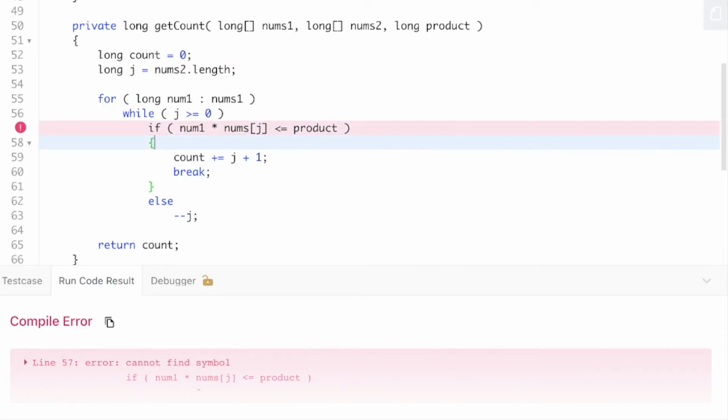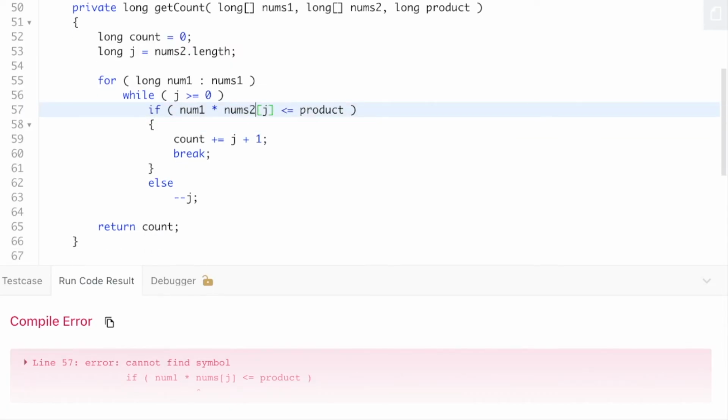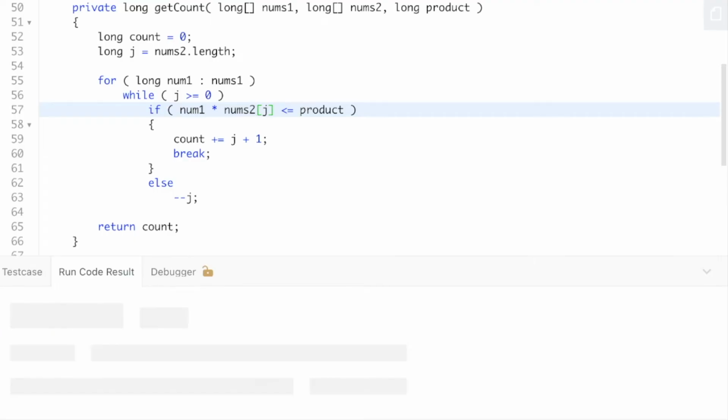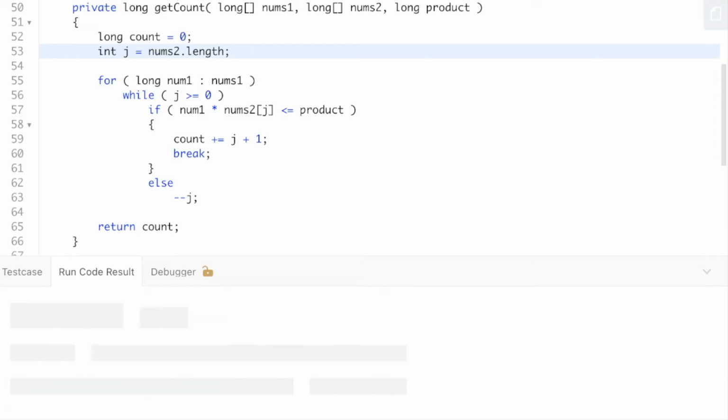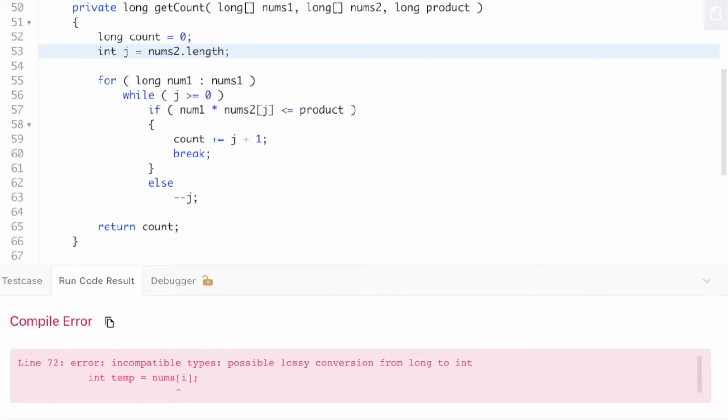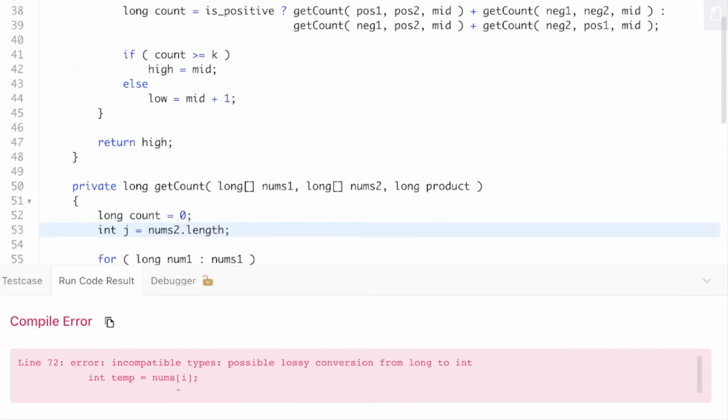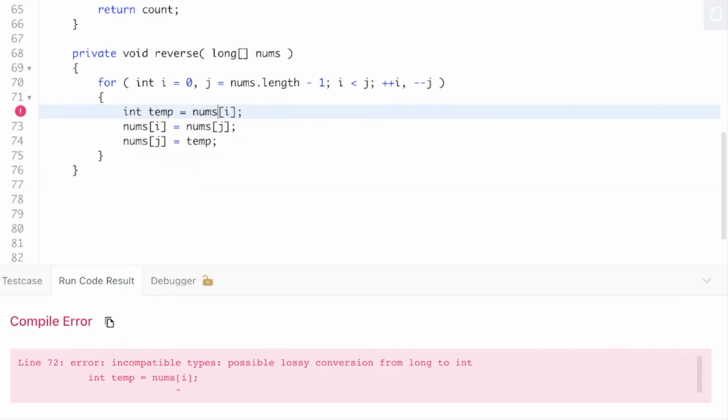Error, cannot find symbol. What now? Nums2. Okay, cool. Okay, long day. What is wrong now? Nums2 long to int. Okay, well, let's just change this to an int. Okay, cool. Now what? Nums at i. Where's that even on? 72. Int temp equals, oh, it needs to be a long.